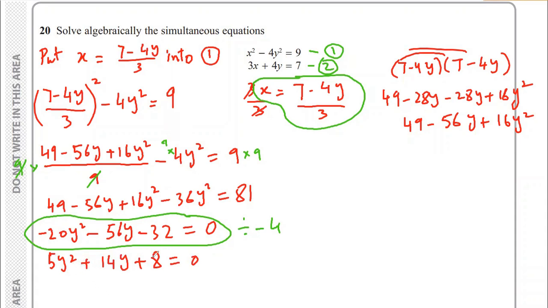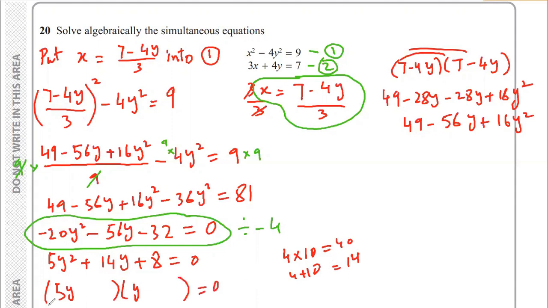And 5 times 8 is 40, and we have to think of two numbers that multiply to 40 and add up to 14. 4 times 10, these are the numbers, because 4 plus 10 gives me 14, and 4 times 10 gives me 40. Right, so we have to think of 5y in one of the brackets and just y in the other bracket, equal to 0.